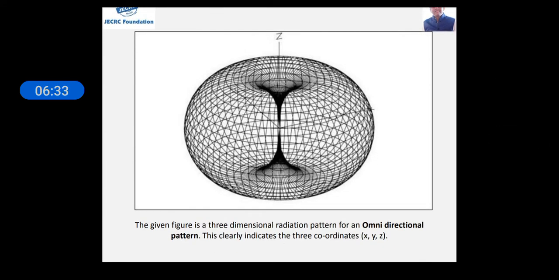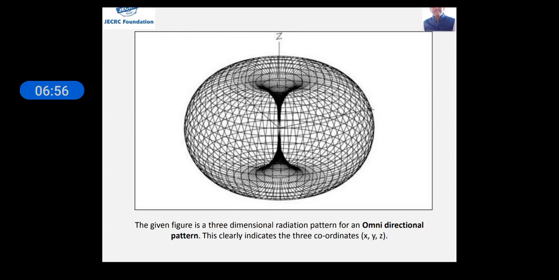This is an omnidirectional pattern. It means if we cut it with a plane made by the xy axes, then we get equal radiation at each and every angle. It means it radiates an equal amount of energy in all the directions.